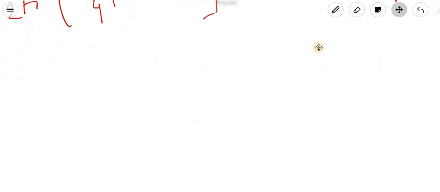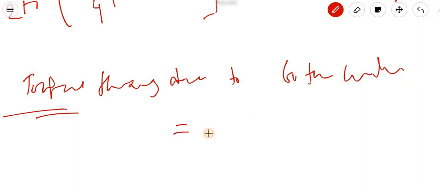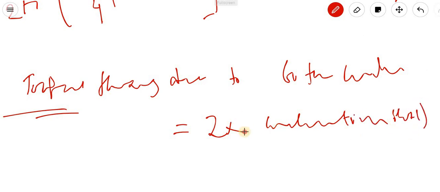So the total flux due to both conductors is 2 times the one conductor linkage.